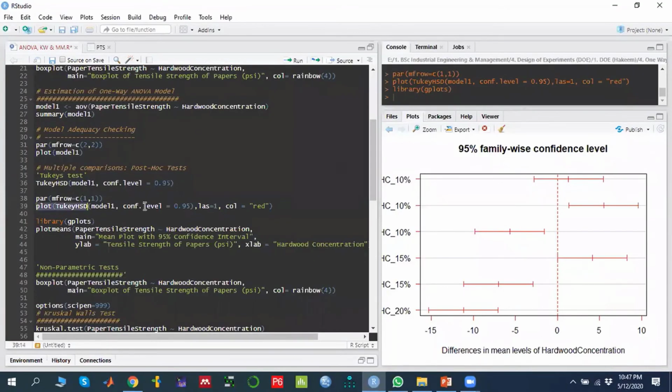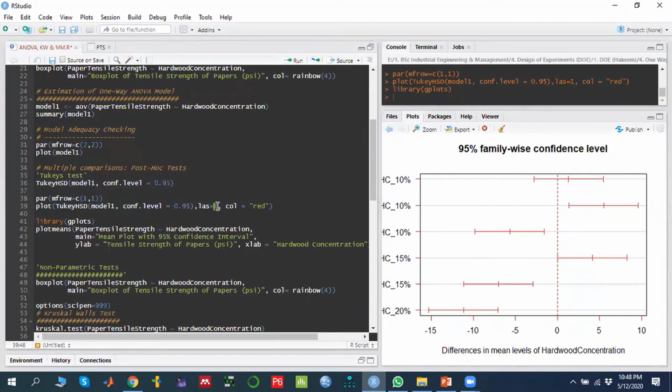Okay, so what I can get from this line is that I am plotting the Tukey's HSD, which is this one. That is again the whole command, which is basically the Tukey's model 1 confidence level, the same command I have put over here. And then las=1 is basically indicating how the x-axis and y-axis values should appear.